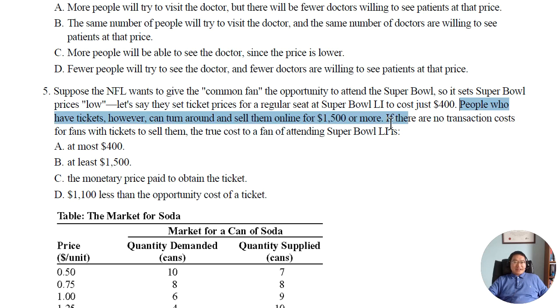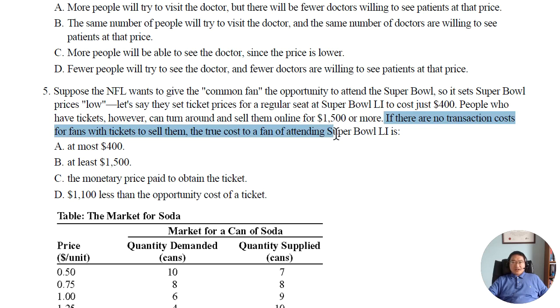People who have tickets, however, can turn around and sell them online for $1,500 or more. If there are no transaction costs for fans with tickets to sell them, the true cost to a fan of attending Super Bowl 51 is what?